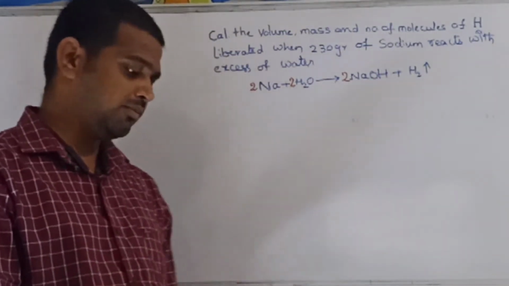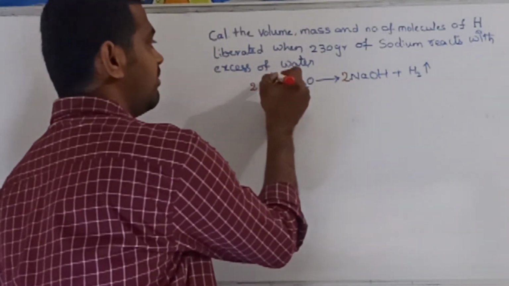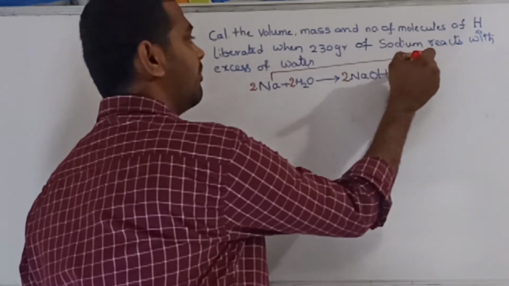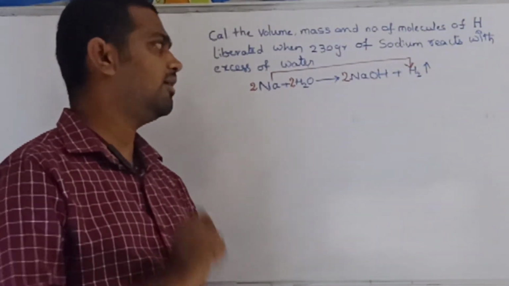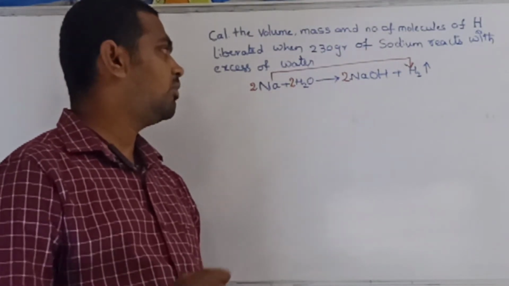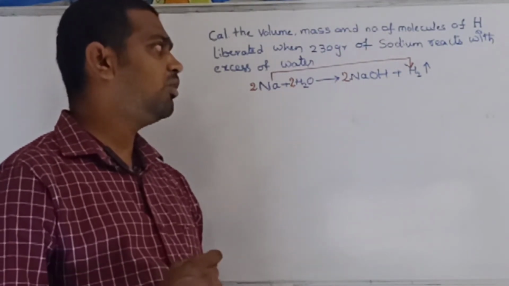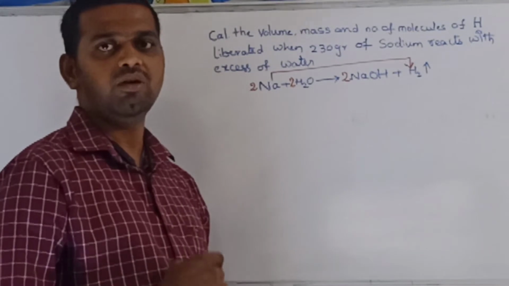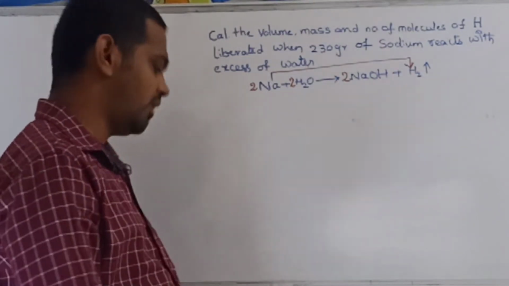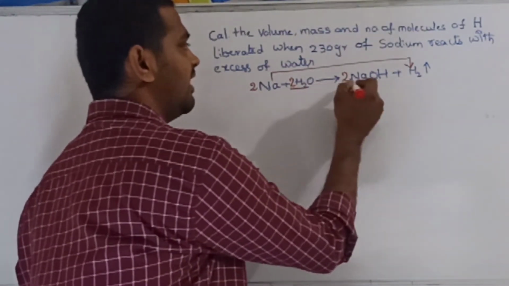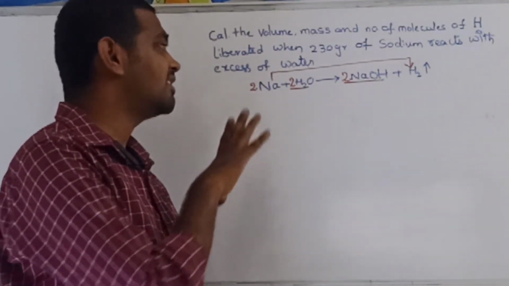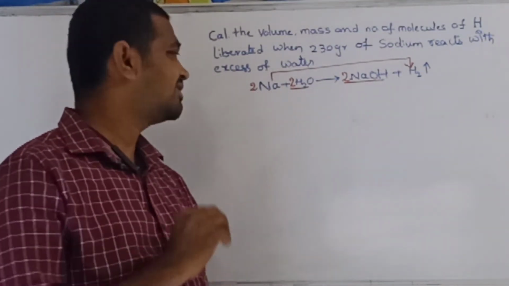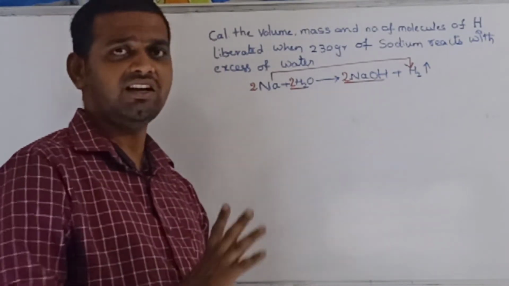From the balanced chemical equation, it is clear that 2 moles of sodium react with 2 moles of water to produce 2 moles of sodium hydroxide and 1 mole of hydrogen gas. No need to take the data of water as well as sodium hydroxide, because in the question he is asking only about the hydrogen. So simply skip the unnecessary data.